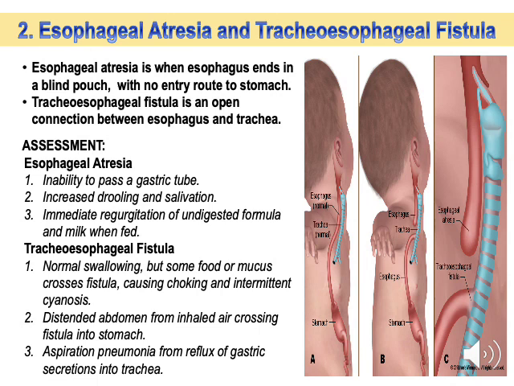Stomach may be distended because of inhaled air and aspiration pneumonia from reflux of gastric secretions into the trachea. There are several characteristics of the atresia and fistula. These are seen in the 3 photos on the right.